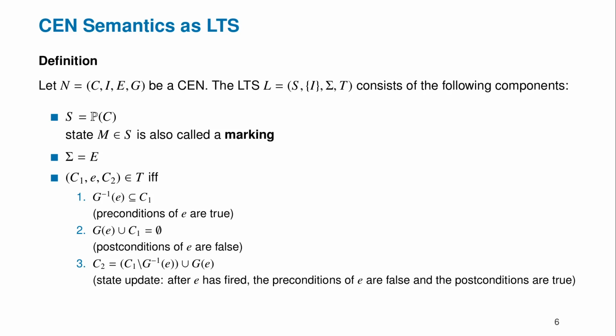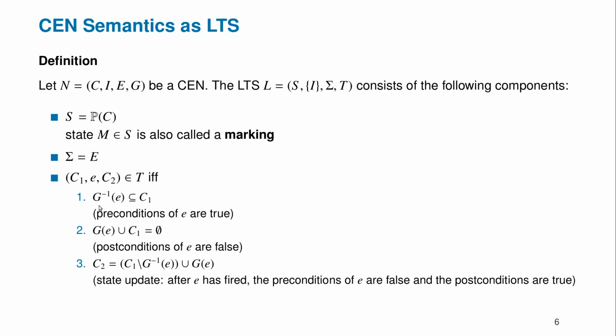which maps a state and an event to another state. Since it's not deterministic, it's a transition relation and not a function. Okay, and what are the conditions that we can have such a step in the transition relation?